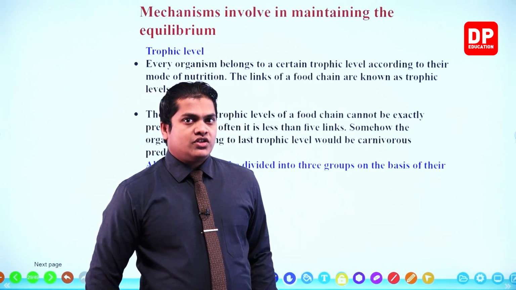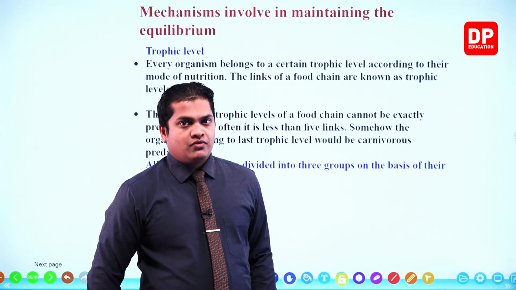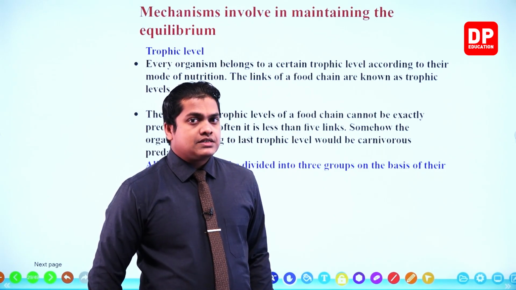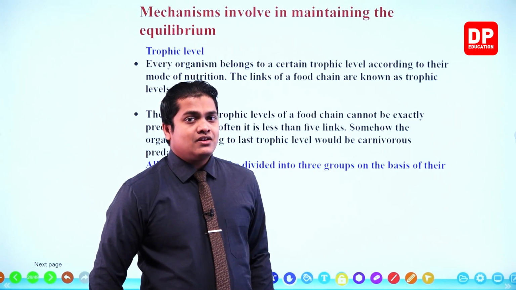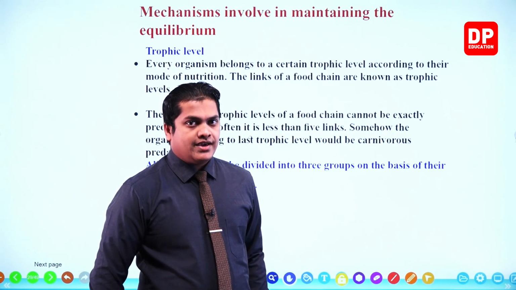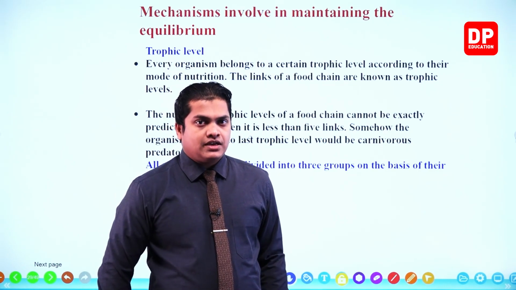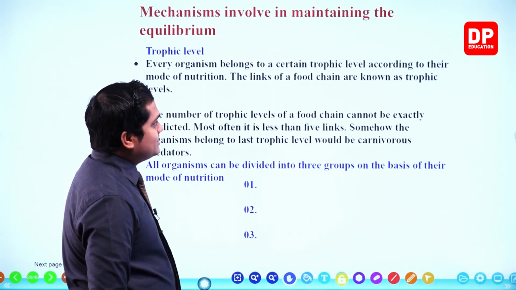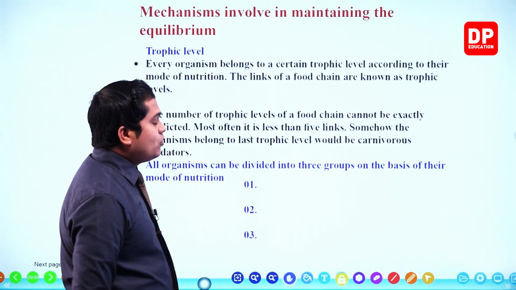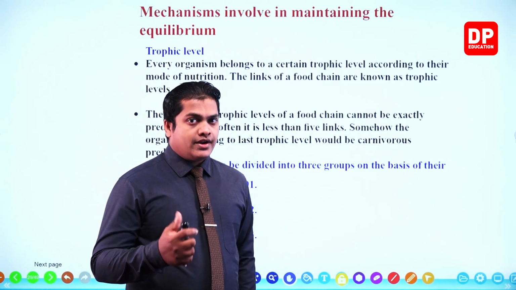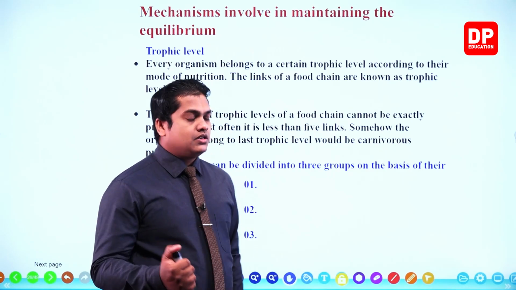So one certain link of a food chain is referred to as a trophic level, according to the mode of nutrition.